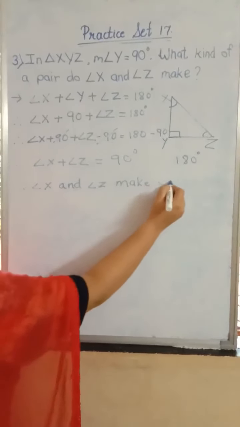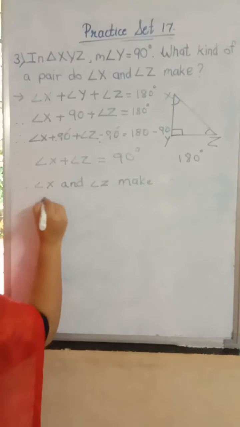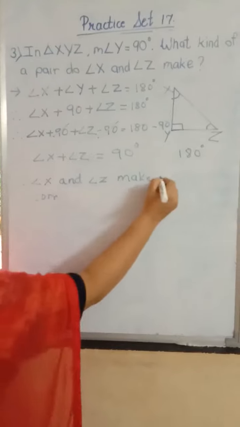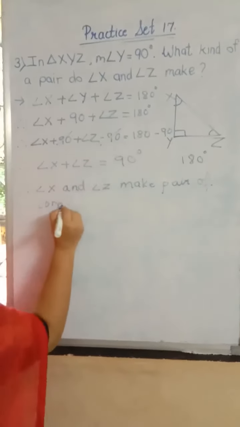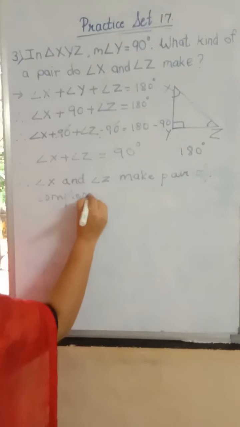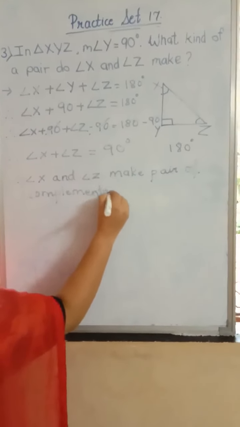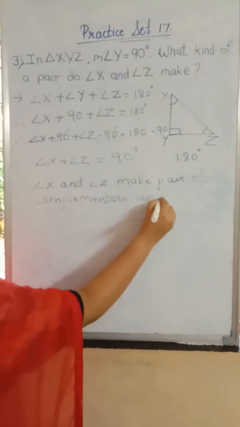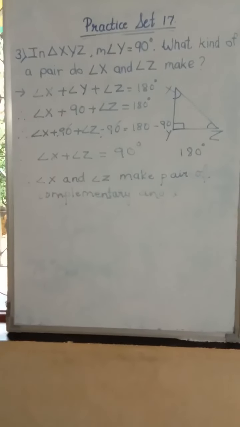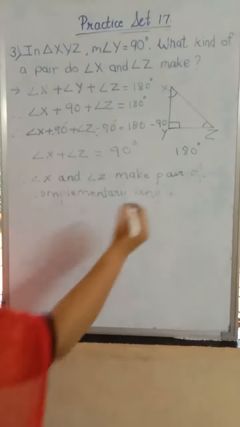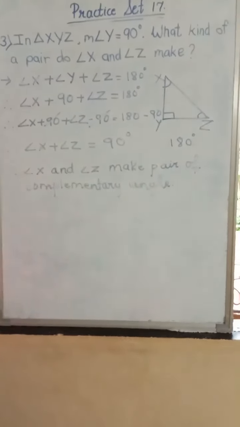So which pair will both of them make? A pair of complementary angles. Did you understand here? So angle X and angle Z make a pair of complementary angles.